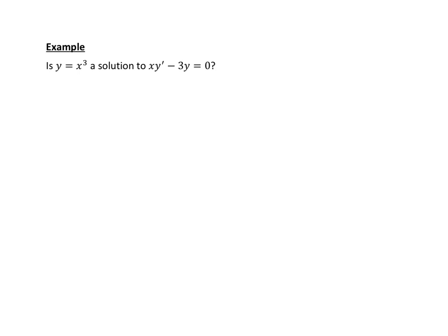Alright, here we're just going to look at some slightly different formatting. We're using that different notation. We're using the Newton notation of y prime. So is y equals x cubed a solution to x times y prime minus 3 times y equals 0? So if I fill this in, I'd have x times the derivative y prime.